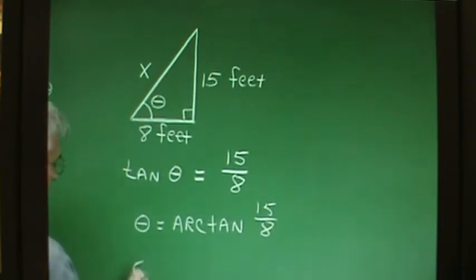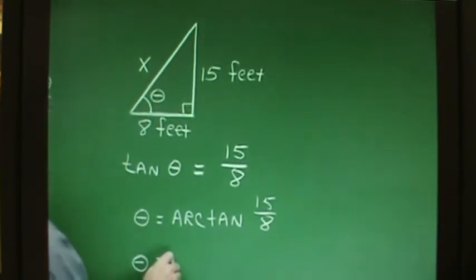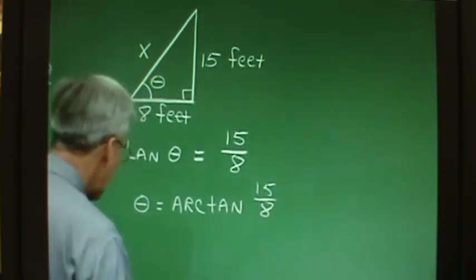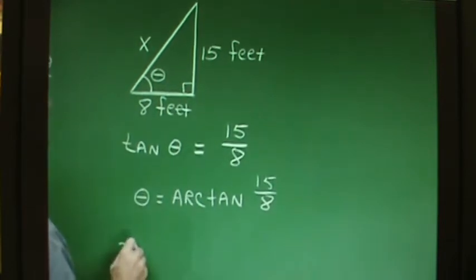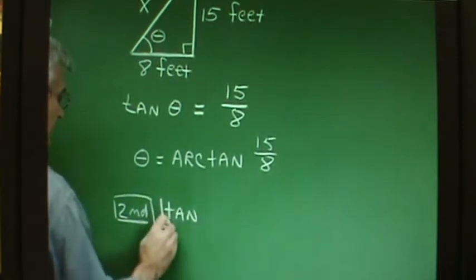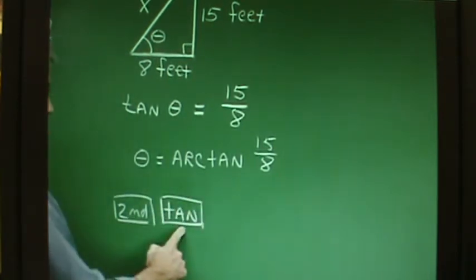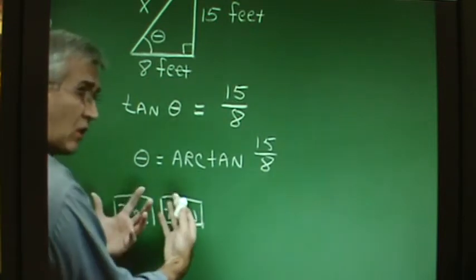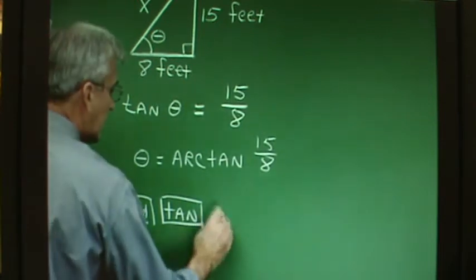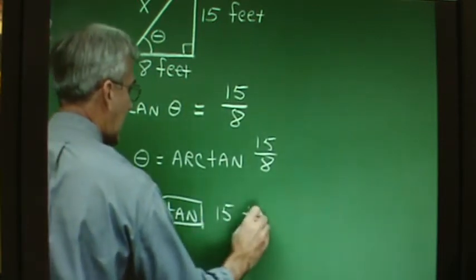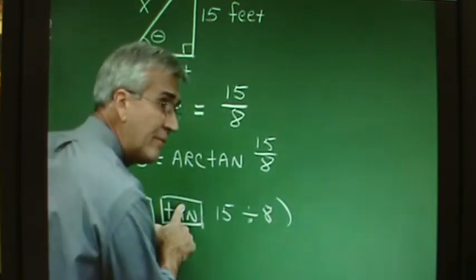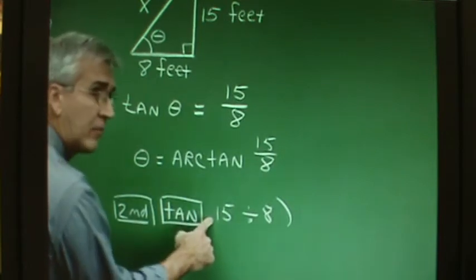Let me write the steps in doing that. Here's what you do. You press second and then the tangent button. These two together, the second function on tangent, is arctangent. A parenthesis will automatically open, and then you enter 15 divided by 8, close the parenthesis. The parenthesis is automatically opened on many calculators now, so I'm not opening a separate parenthesis here.